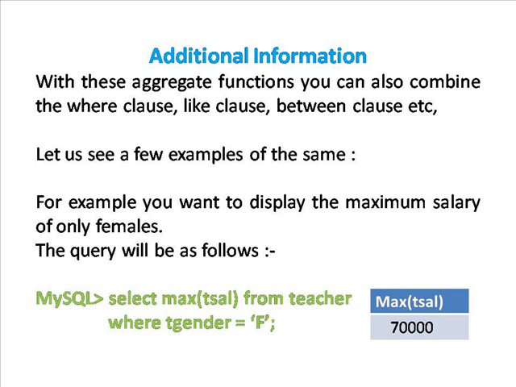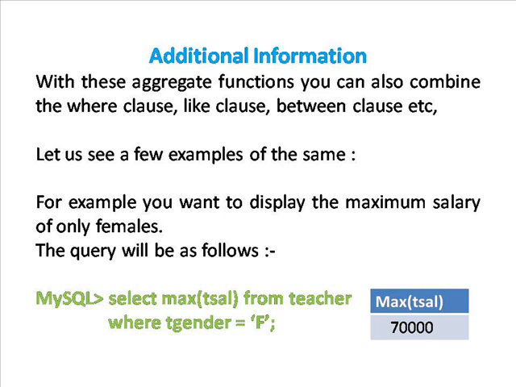With these aggregate functions, you can also combine the where clause, like clause, between clause, etc. Let's see a few examples of the same. For example, you want to display the maximum salary of only females.